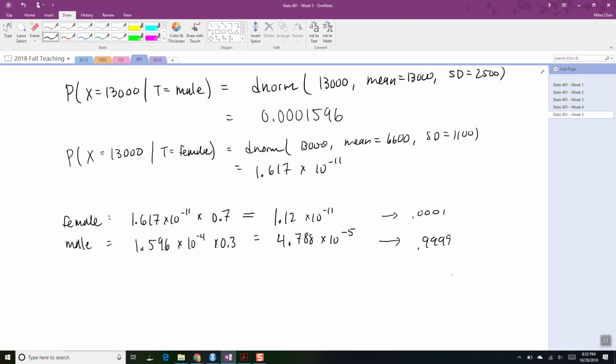Even if the population was extreme, where 99% are female and 1% are male, the difference in the likelihoods is 7 orders of magnitude apart. So the difference between 99% and 1% is still going to get drowned out by the difference in the likelihood of the numbers.